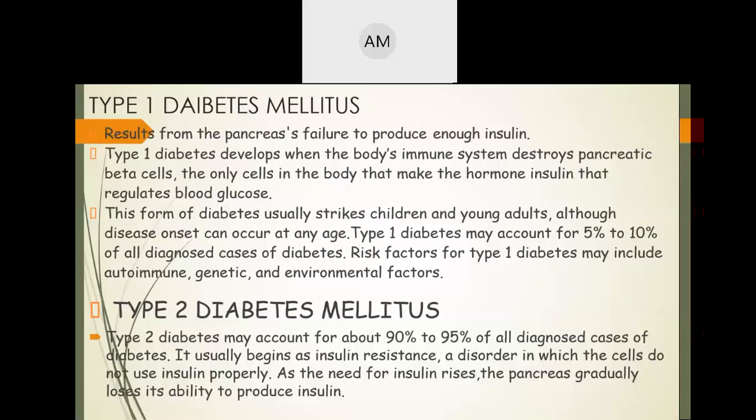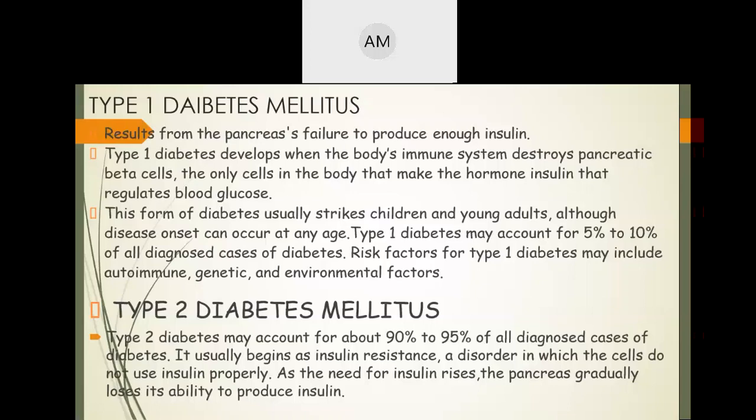But in type 2 diabetes, the insulin, the key, is there, the glucose is also there, but the locks to the doors are damaged. That means the receptors on the cells, to which insulin attaches to open the cells so that glucose can go inside, are damaged.